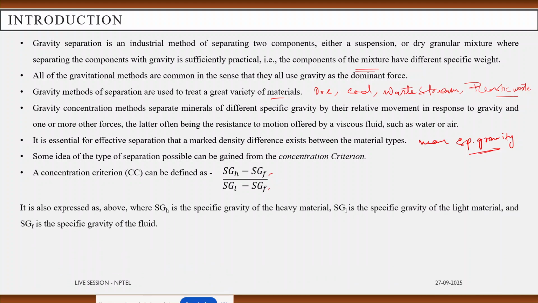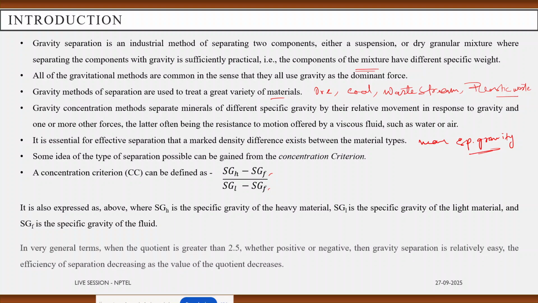In a mixture of particles there will be certain particles having very high specific gravity, or higher specific weight. By selecting the specific gravity of the intermediate fluid medium, we can set the concentration criteria accordingly.